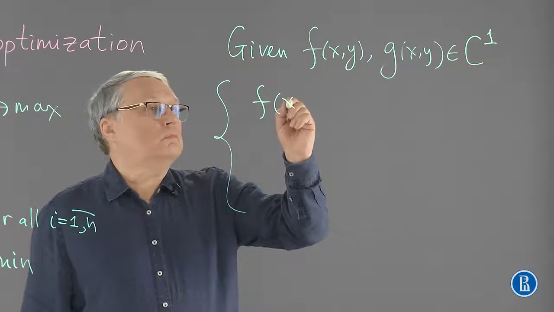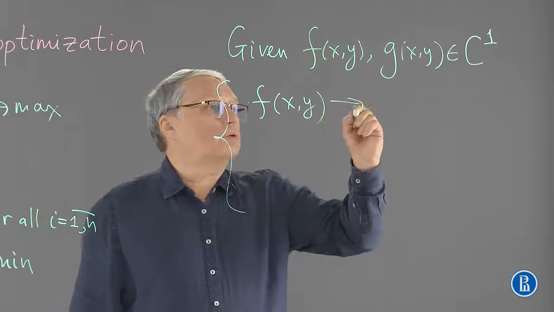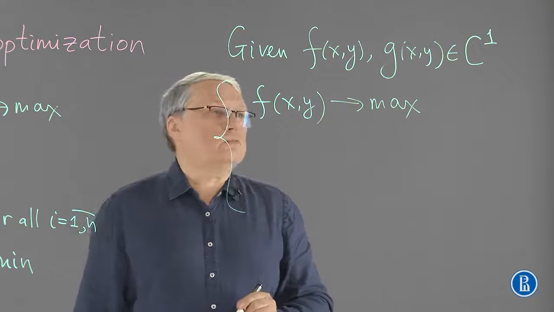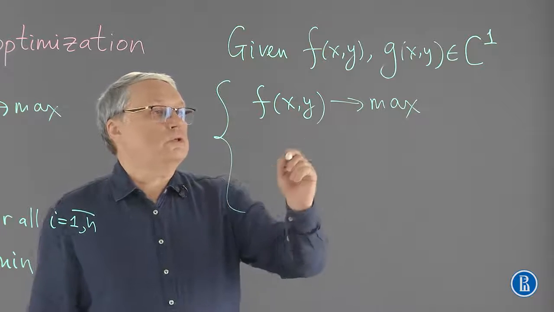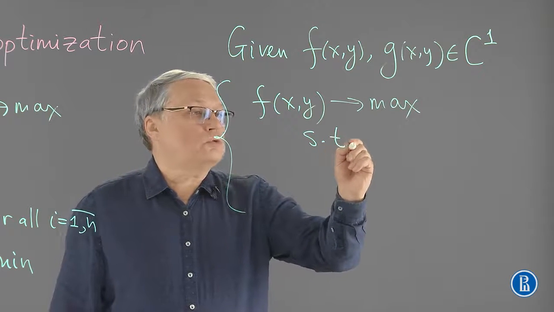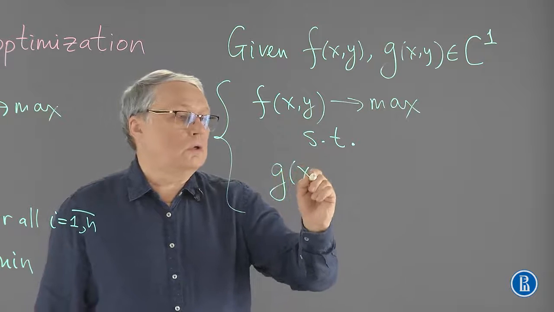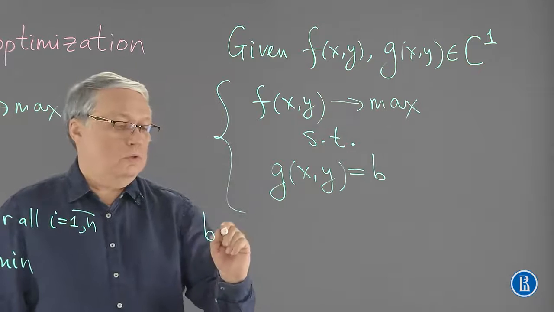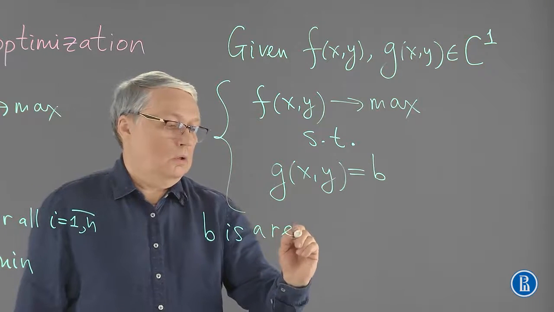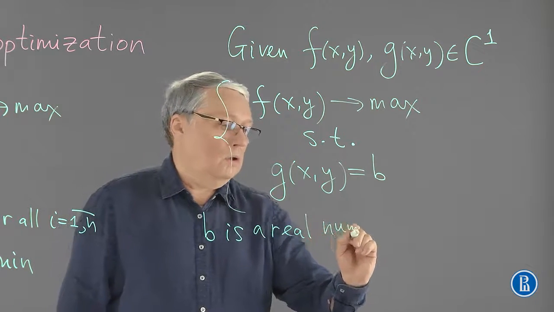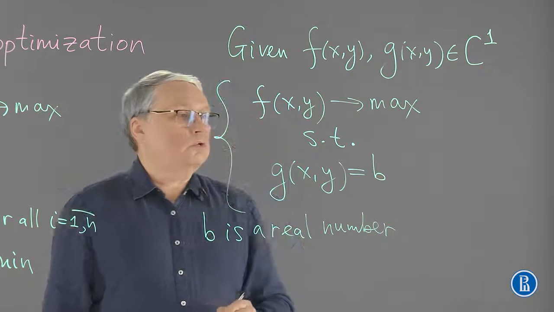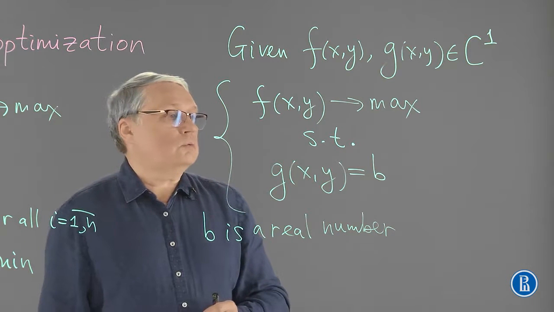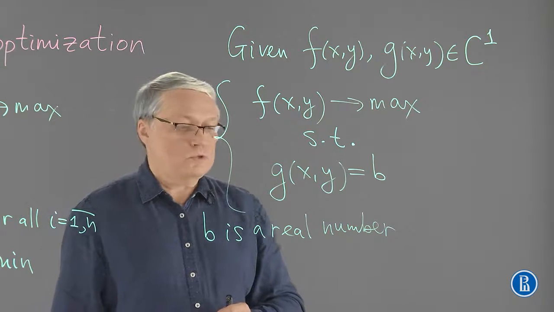So let's consider the problem where we are looking for the maximum values of the function f, subject to the constraint g(x, y) = b, where b is a real number. Well, introducing b in this equation gives us a more flexible approach, which will be used later, we'll see.